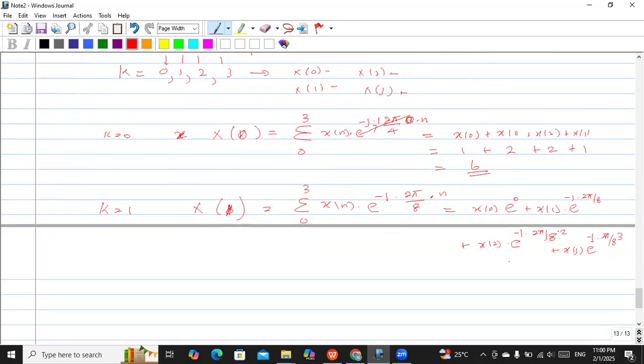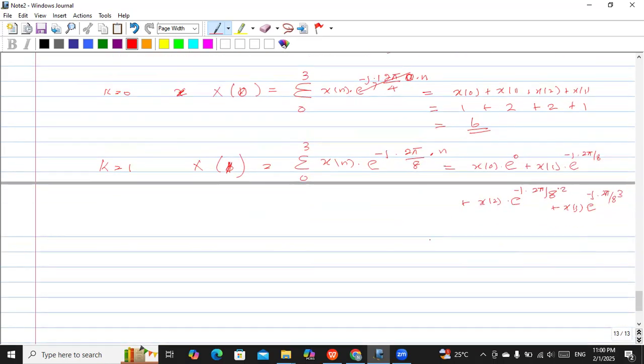Then you can find this one also. Okay, so x0 is 1 plus x1 is 2 e to the power minus j 5π by 4 plus x2 is again 2 e to the power minus j 5π by 2, because this is 2 and 2, 2 into 2, 4.